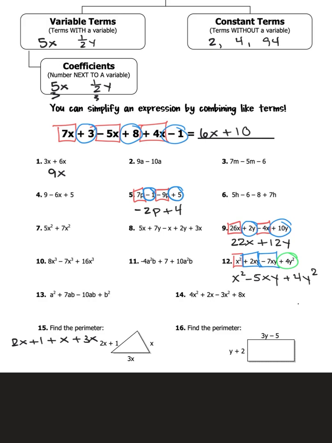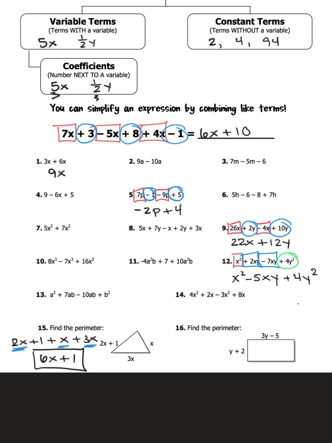Taking a look at our expression, I have a 2x, x, and 3x. Those are like terms. So I have 2 plus x. Remember, anytime you see a variable by itself, that means it has a coefficient of 1. So that's 2 plus 1, which is going to give me 3, plus another 3 is going to give me 6x. And my 1 is going to stay the same. So I get the expression of 6x plus 1.